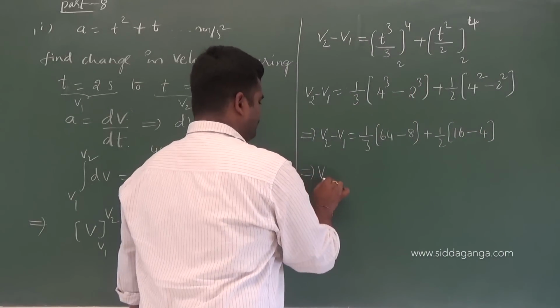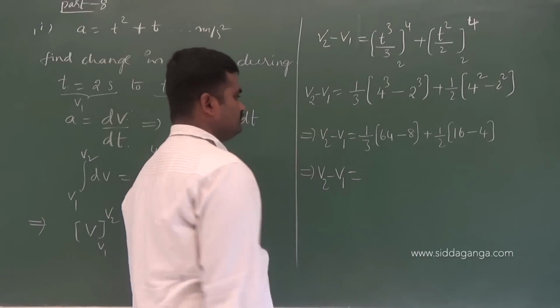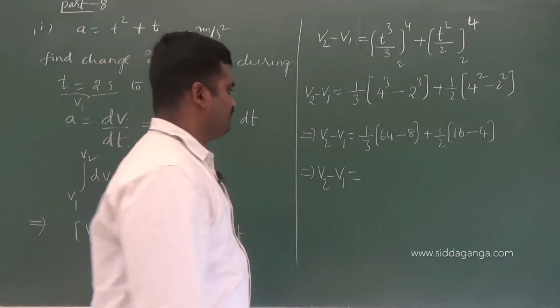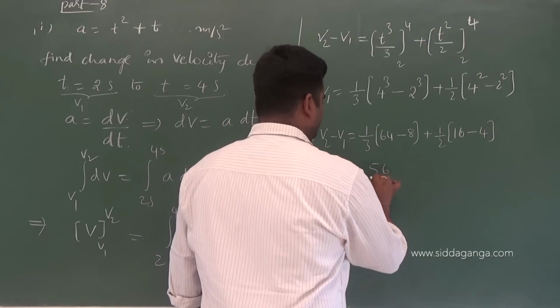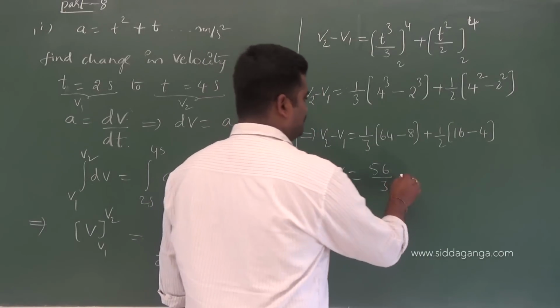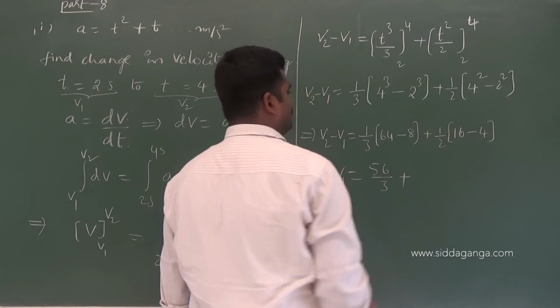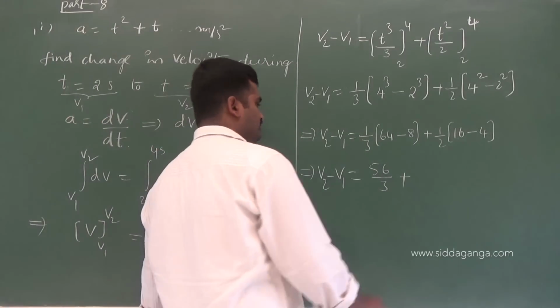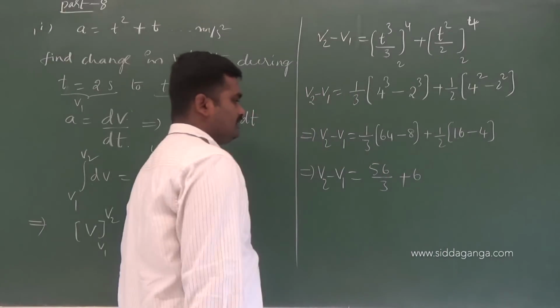Rewriting this, v2 minus v1 equals 64 minus 8, 56 divided by 3, plus 16 minus 4, which is 12, 12 by 2 is 6.